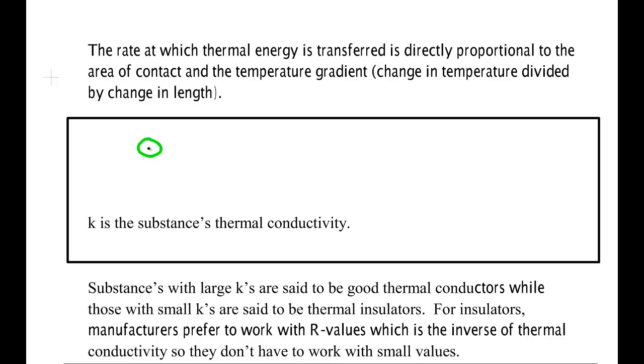The heat transferred per time is equal to some constant times the change in temperature divided by the change in length times the area. Now, in calculus classes, we can talk about what's called a gradient.